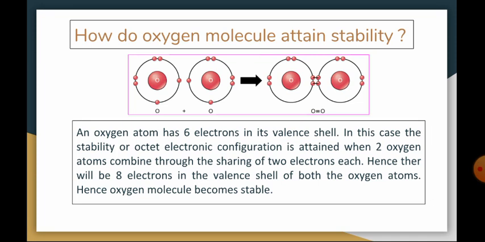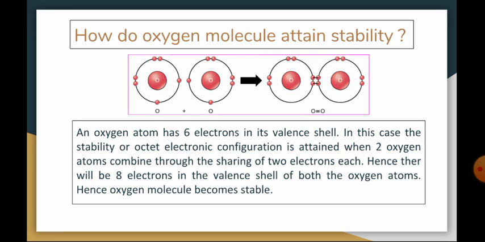In this case, the stability or the octet electronic configuration is attained when two atoms combine through the sharing of 2 electrons each. Hence, there will be 8 electrons in the valence shell of both the oxygen atoms. Hence, the oxygen molecule becomes stable.